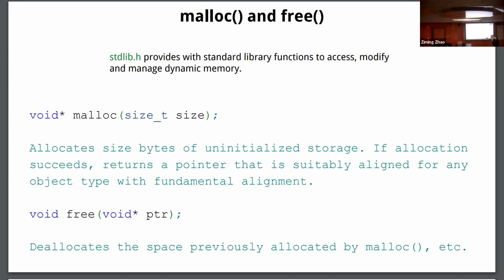You will find something surprising actually. Then free will deallocate the space previously allocated by malloc or calloc, which means it is the developer's job to do this correctly. Malloc something, then free something, okay?